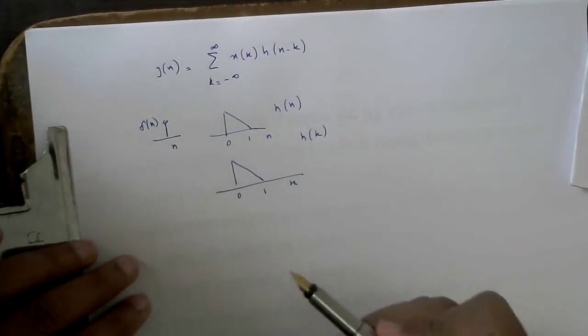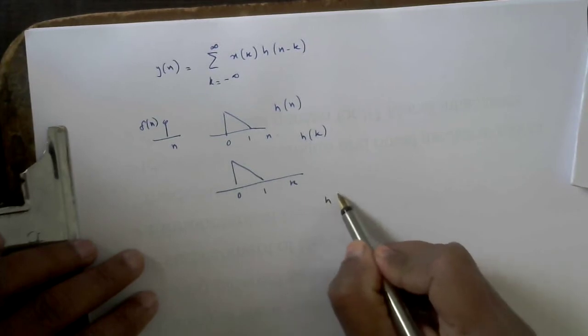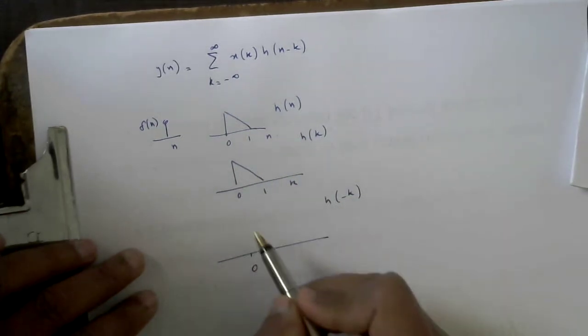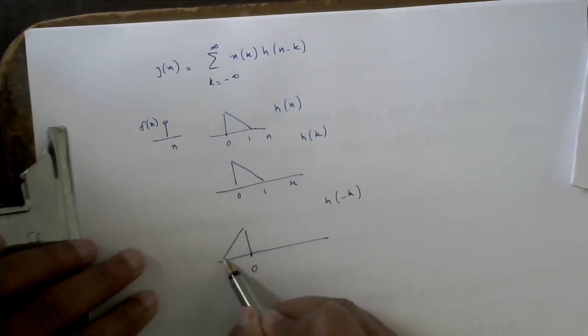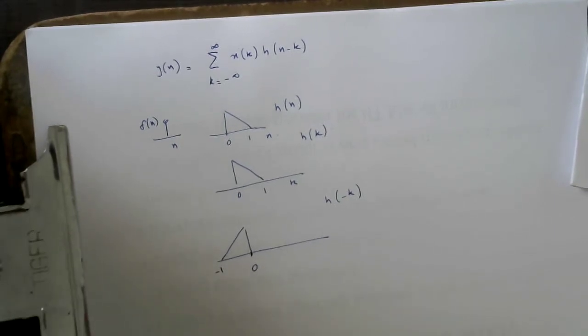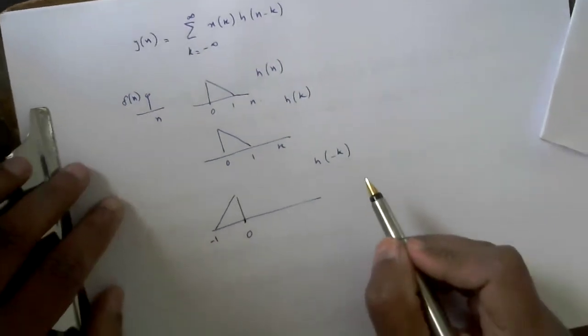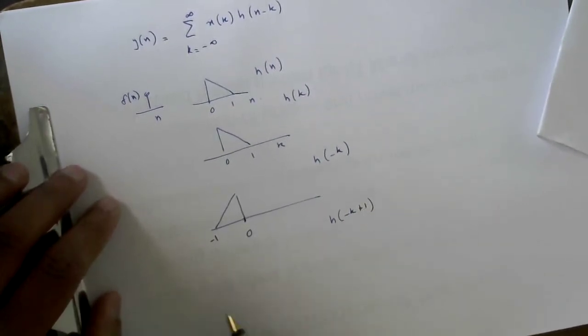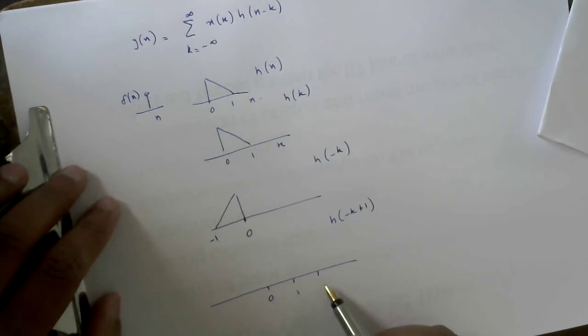Now this is h of k, and let me also do what is h of minus k. What will be h of minus k in this case? This is my 0, so h of minus k will be flipped, so this becomes my h of minus k. Okay, let me now do h of minus k plus 1. So h of minus k plus 1 will become, this is my 0, this is my 1, this is 2, this is minus 1.